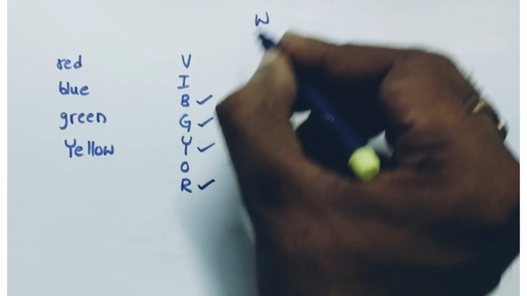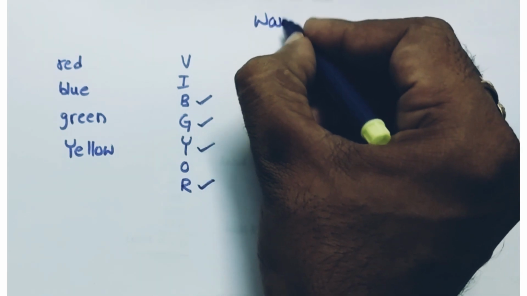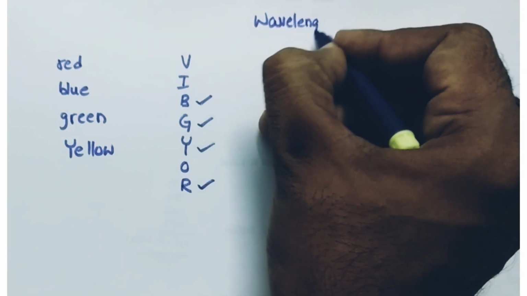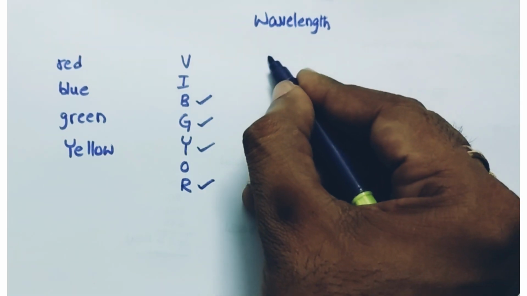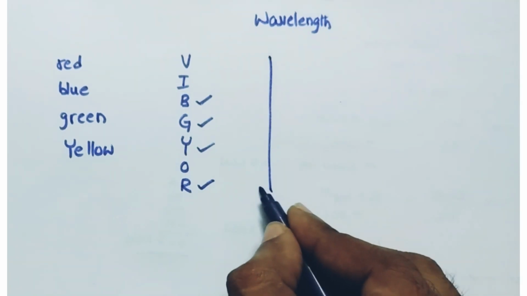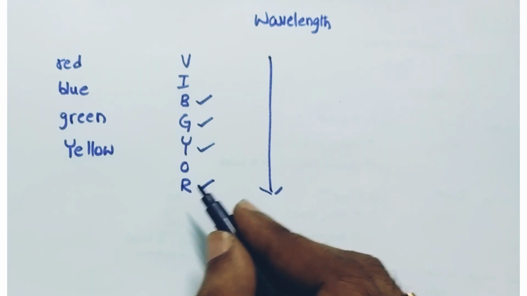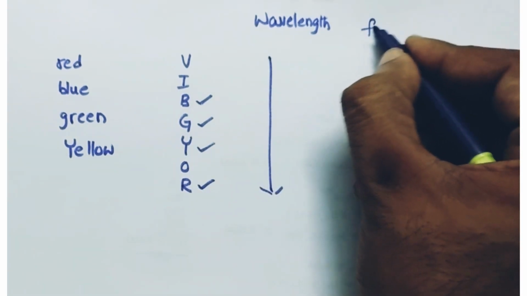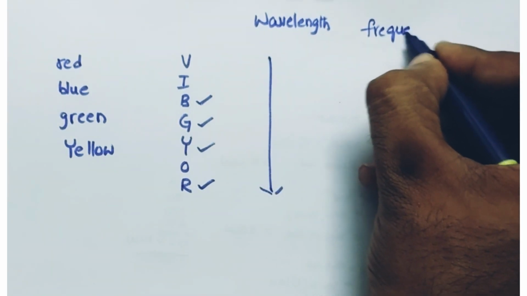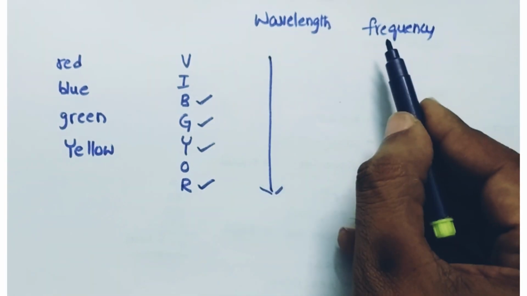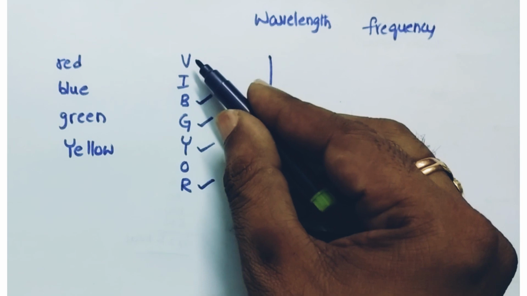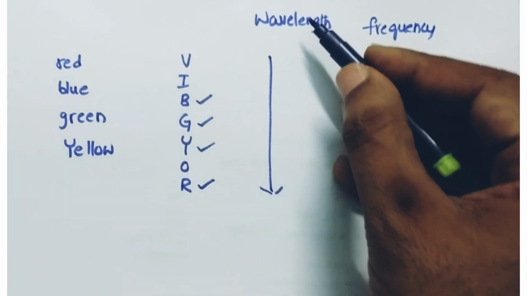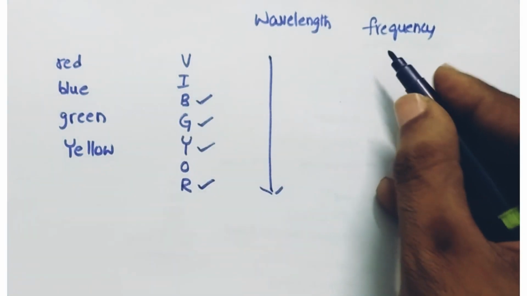For all these seven colors, red color has more wavelength, that means wavelength increases when we are moving from violet to red. Frequency is inversely proportional to wavelength, that means going from violet to red, wavelength increases and frequency decreases.